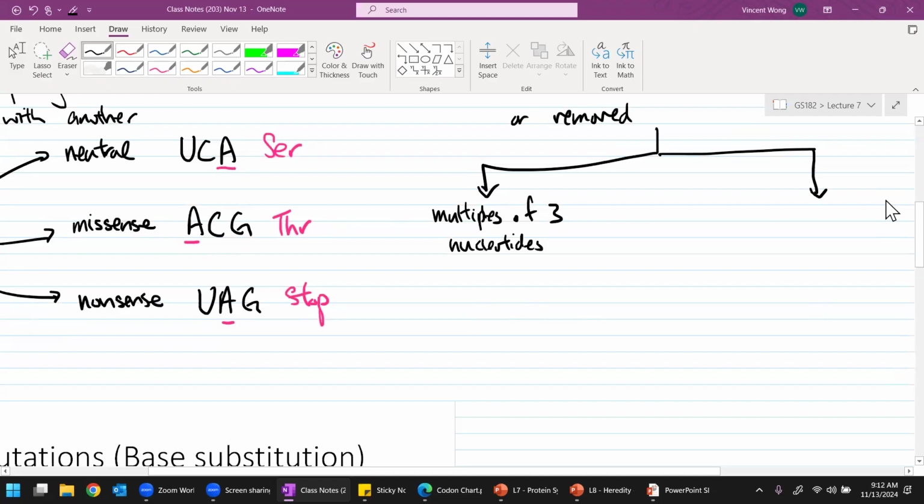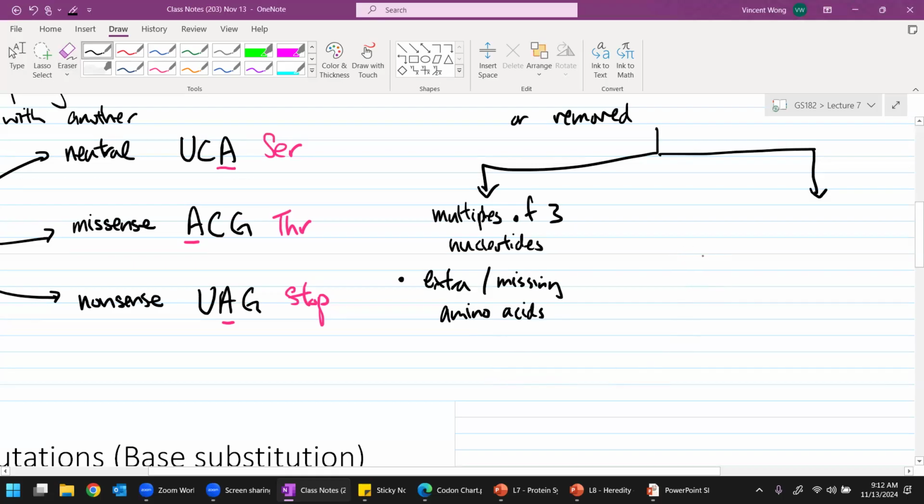It's going to have an extra what? Amino acid, that's right. So if you insert or delete multiples of 3 nucleotides, you're going to end up having extra or missing amino acids, right?